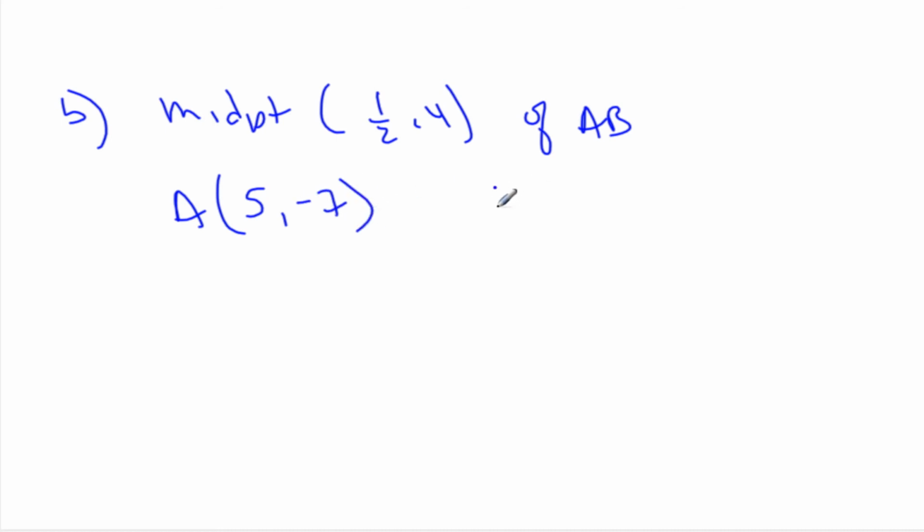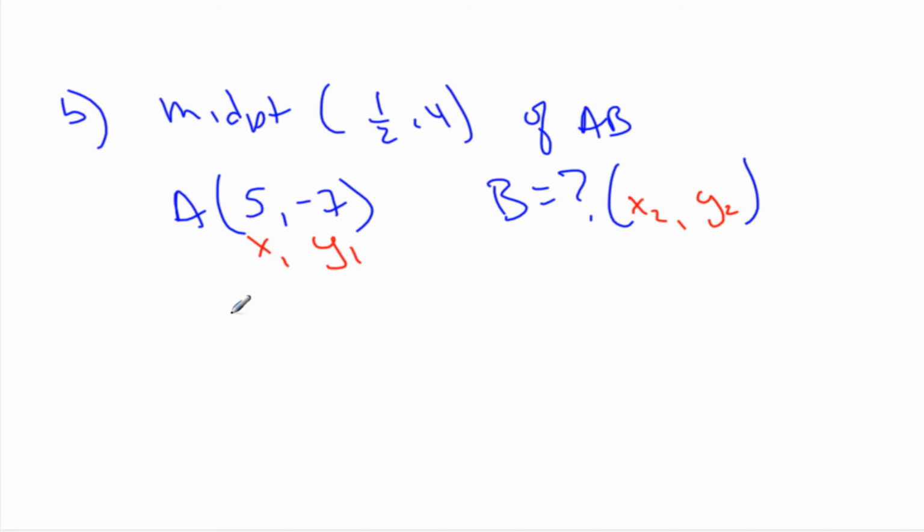We wish to find what B is. Again, our answer is going to be a coordinate. So I know that B is going to be some x2, y2. This is x1, y1. And so if I plug it into my formula, let's look at my x values first.